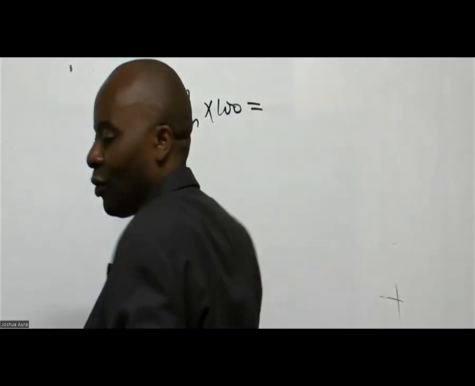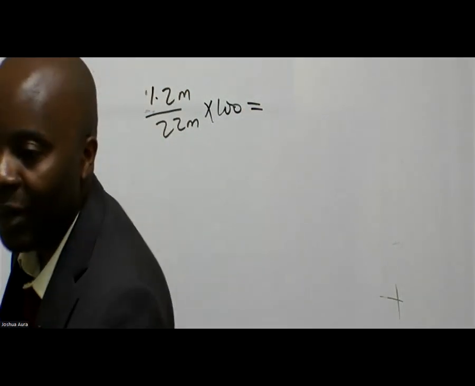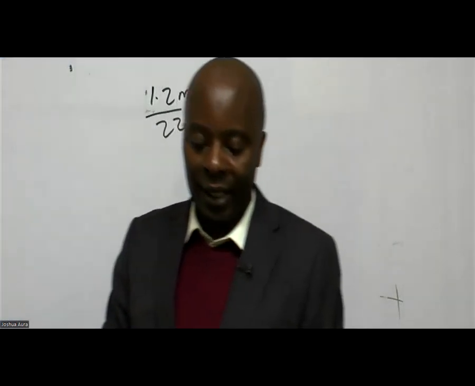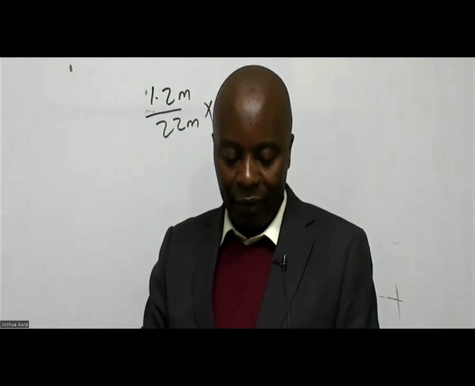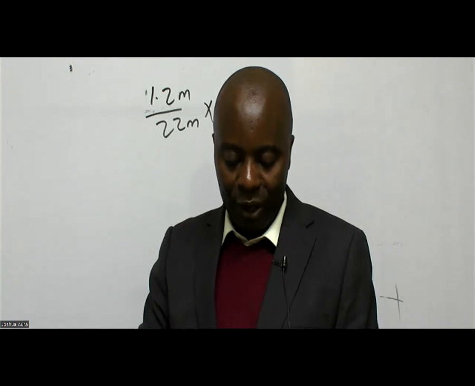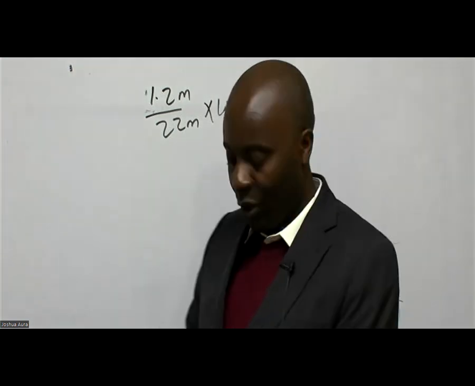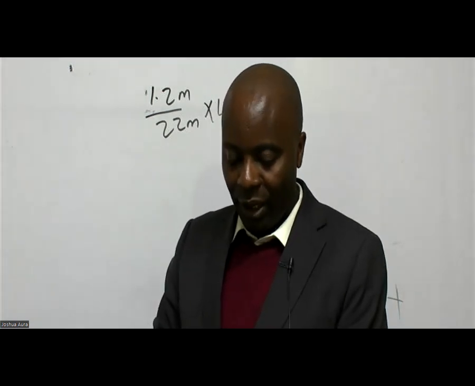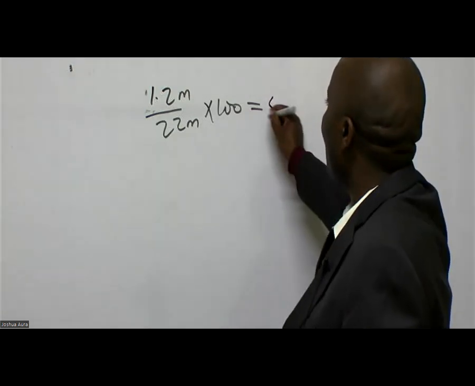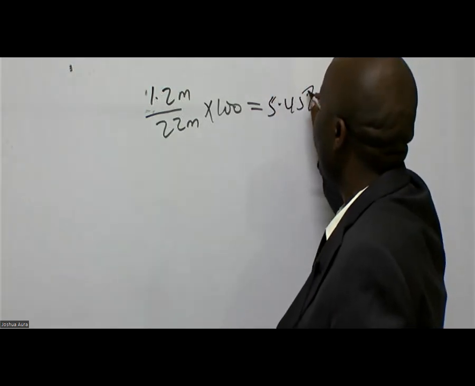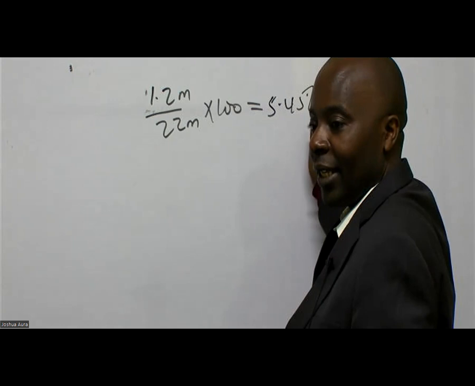So I'm testing for materiality. The materiality here will be the 1.2 million divided by 22 million times 100. So, ladies and gentlemen, this gives me 5.45%. 5.45% is very material in relation to the total assets.